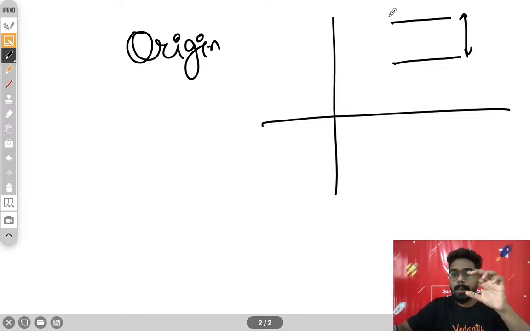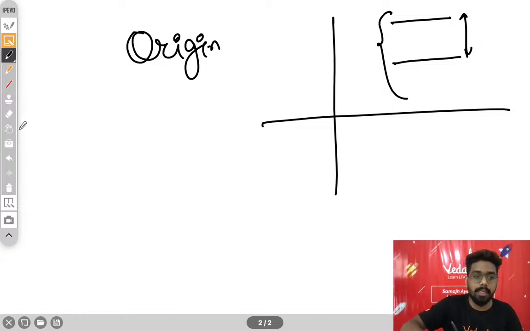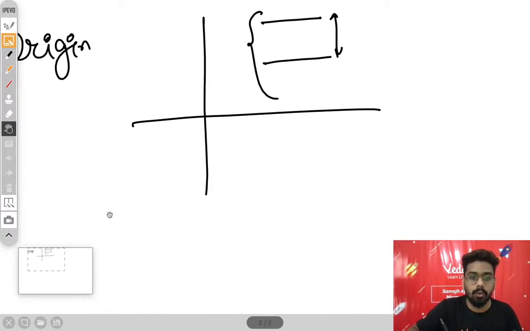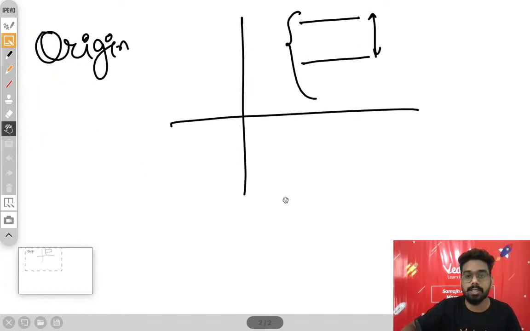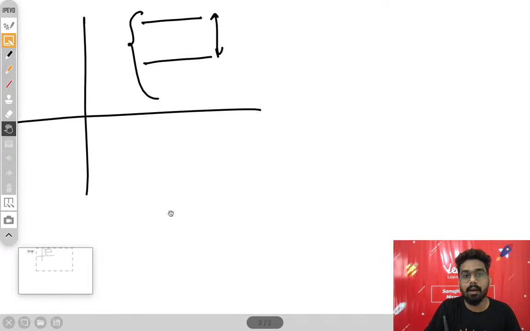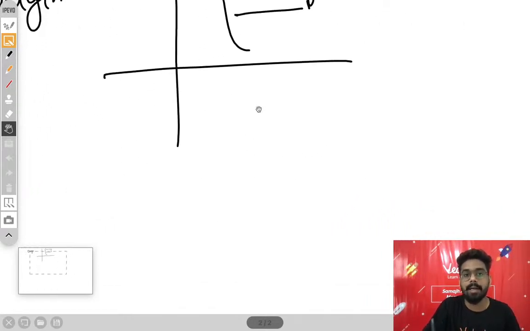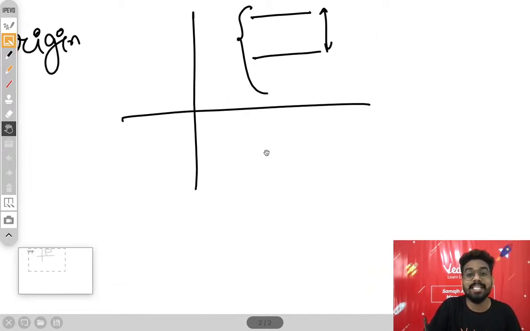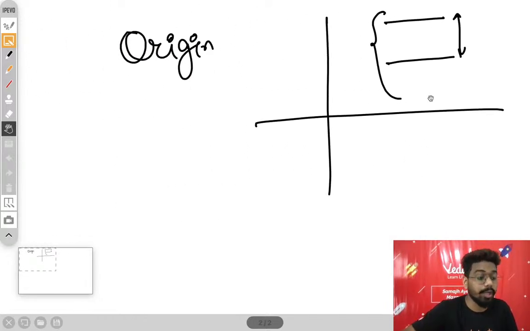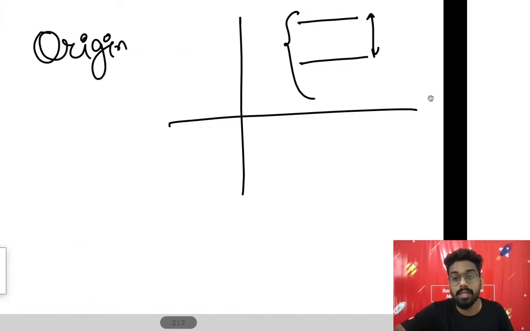Now if we pick this one from here and place it down, is it going to change? Yes or no? It will not change at all. Look what I am doing, I am moving this up and down, but the difference between these two is not going to change. So variance is not going to change if you shift your origin. This is the part over here.